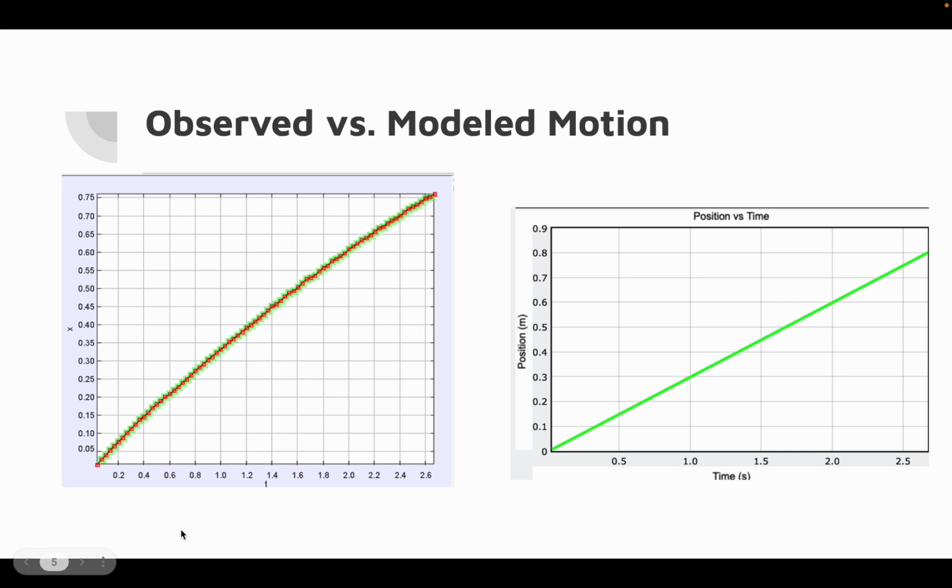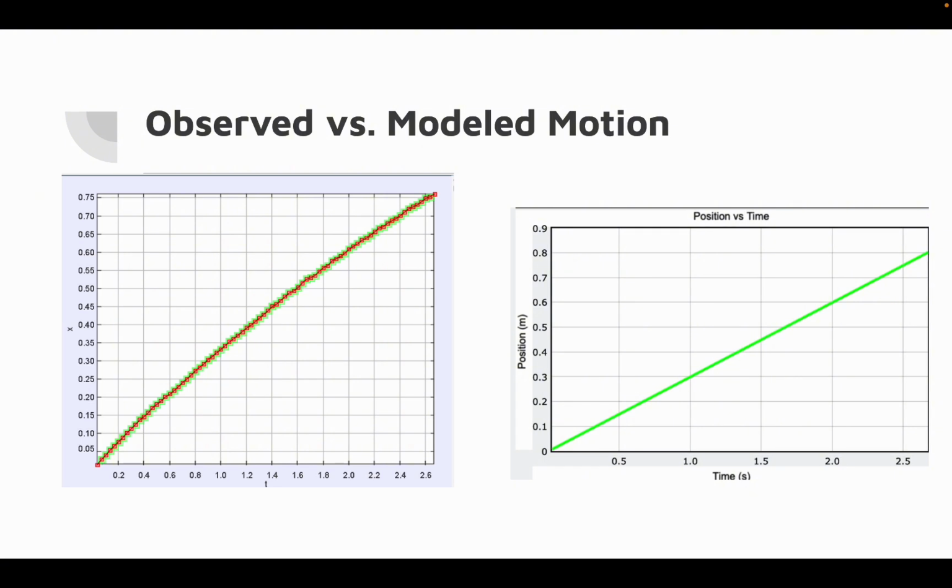The differences in these graphs are that the graph from the Tracker software shows a slight curve, which indicates the influence of forces that are not accounted for in my GlowScript computational model, such as friction or other resistive forces.